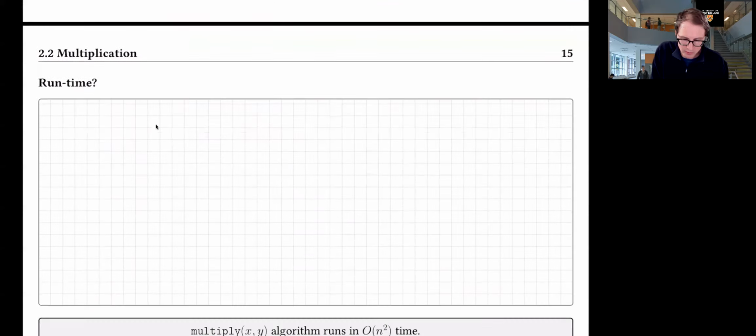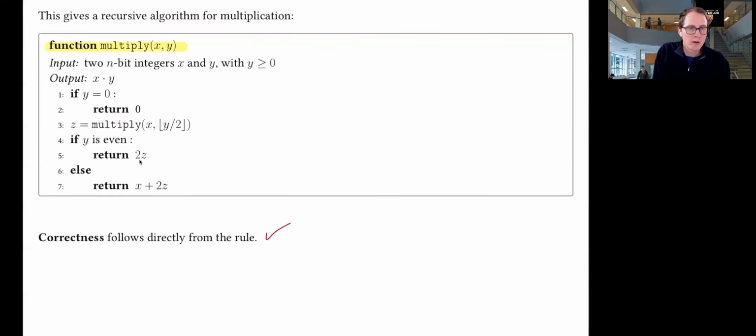What about complexity or runtime? Let's think about what's going on. If you notice, we're always shrinking the second argument in multiply. We start off with x multiplying y. The next time we call multiply, it's x multiplying the floor of y over 2. And it finally terminates when this second argument shrinks to be a 0-bit number, there's nothing left in it, or it's just a 0.